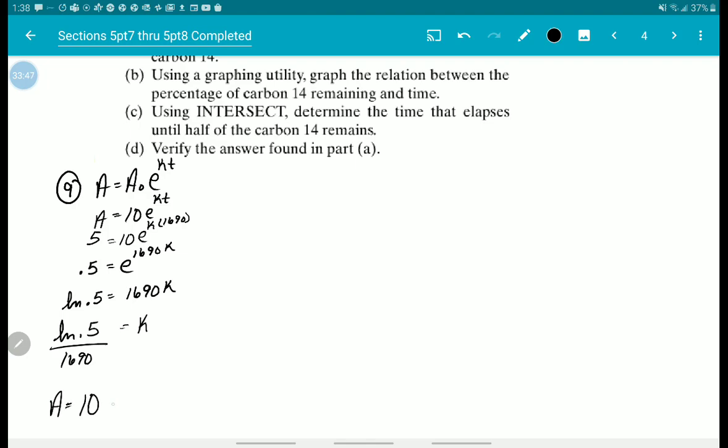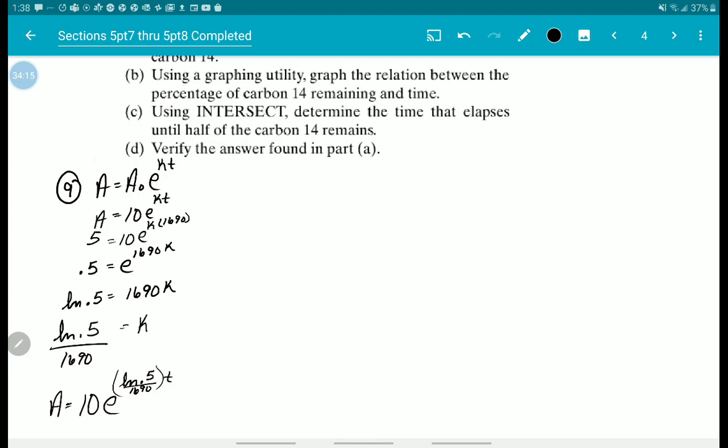We started out with 10 grams. Our decay rate is the ln of 0.5 divided by 1690. That's not a very nice number. I'm going to leave that exact number. If you round these, I would use 6 to 8 decimal places, maybe even more. Okay, we know this is going to be negative because when we take the ln of a fraction between 0 and 1, we're always going to get a negative number.